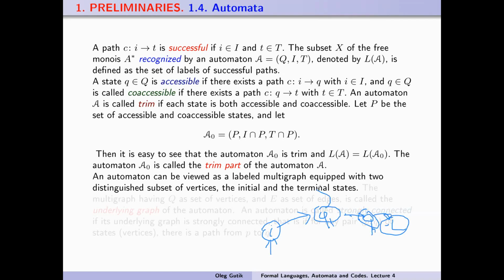Here there may be loops, and we can consider this automaton as a multigraph.